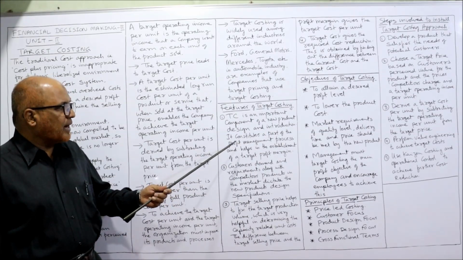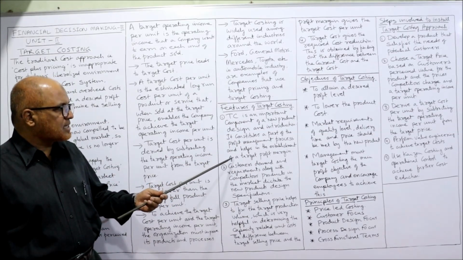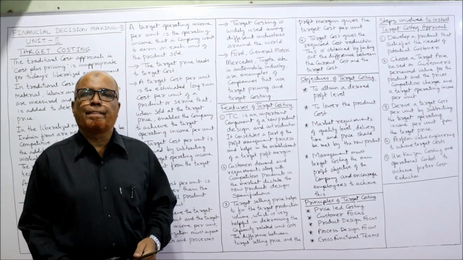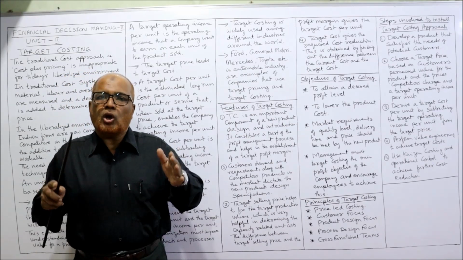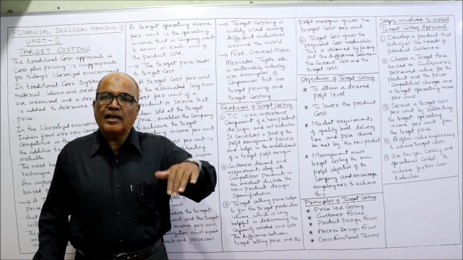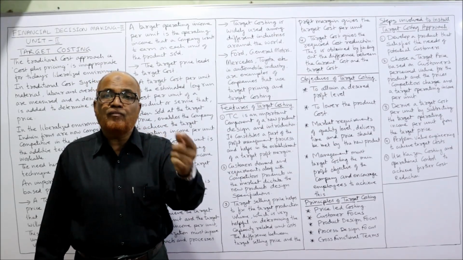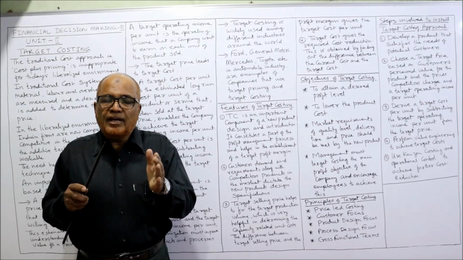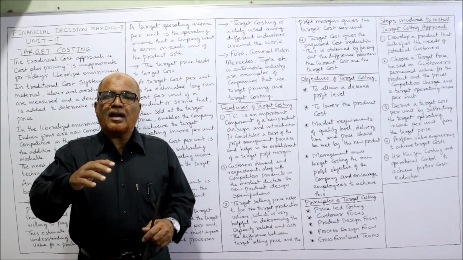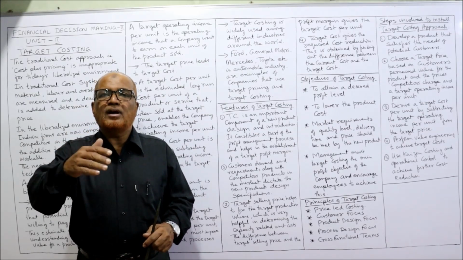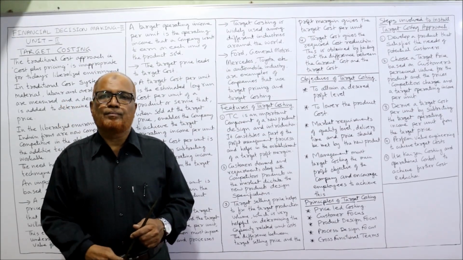It constitutes a part of the profit management process and helps in establishment of a target profit margin. Target costing not only helps in costing, but also in profit planning, because in target costing we are estimating the price and we are estimating the profit.